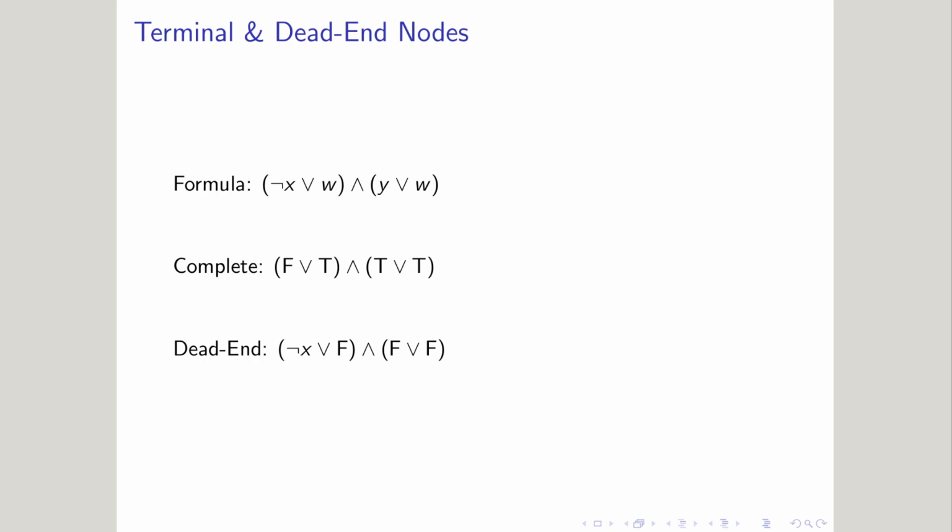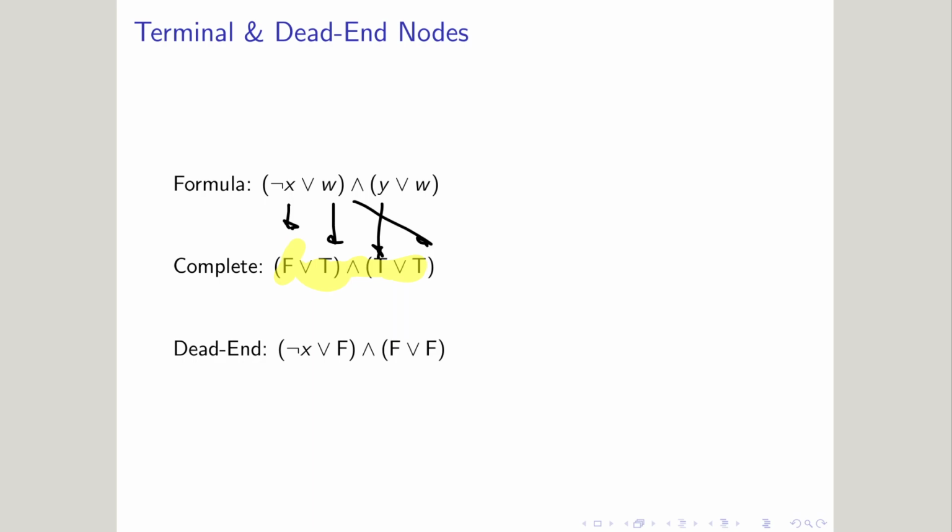And this is just me pointing this out a little bit more. So if I had this formula, this would be a complete assignment. I have an assignment for each one: X, Y, and W. This is complete and satisfied. This would be like a dead end.